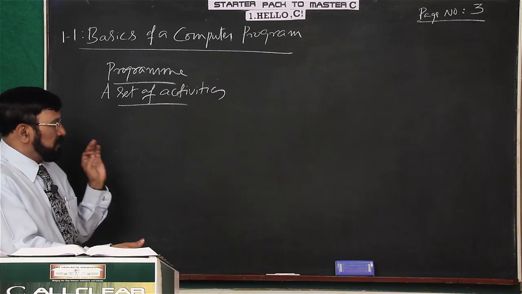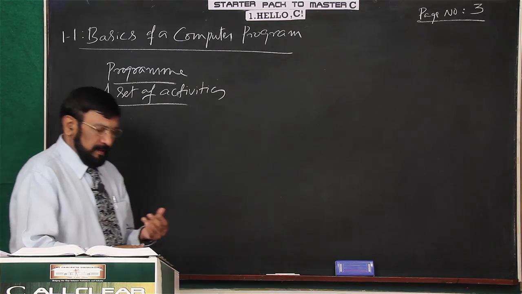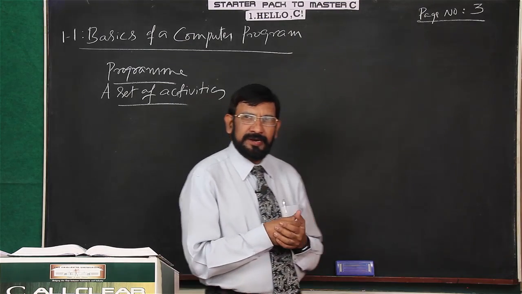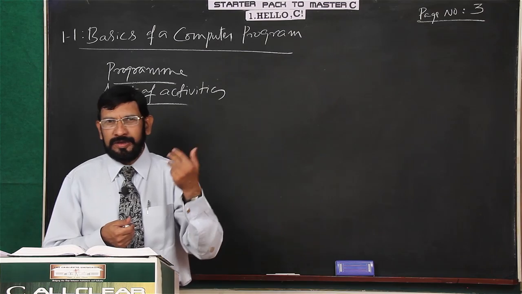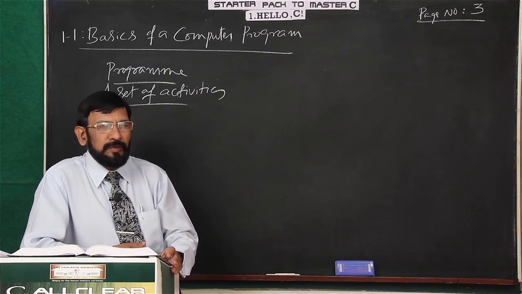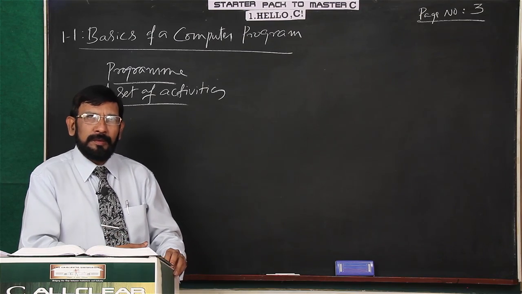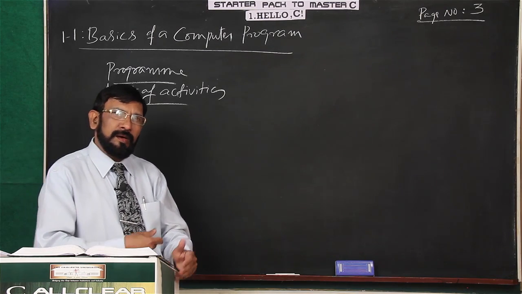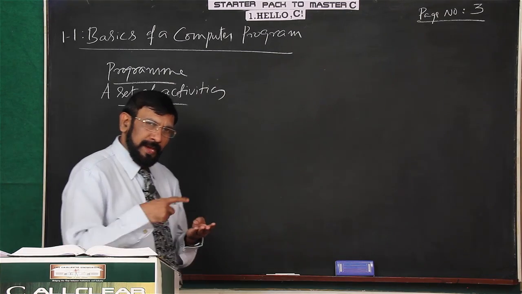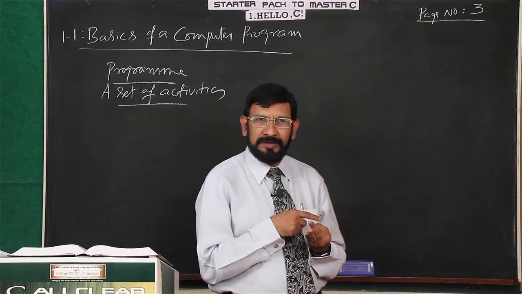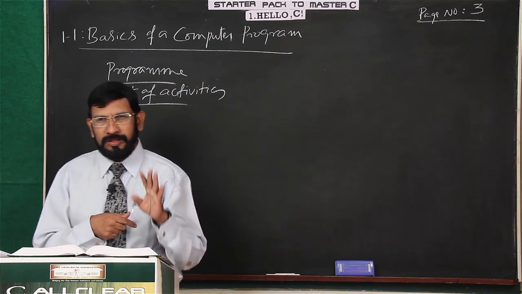Let us analyze one more example to have a better understanding of this. Now, you called your assistant and gave him a check for the purpose of withdrawing cash. You may give instruction, or without instruction also, by your behavior or practice, he can understand what he has to do, which bank he has to go to, which branch, which counter, how much money he has to draw, and all that he knows.